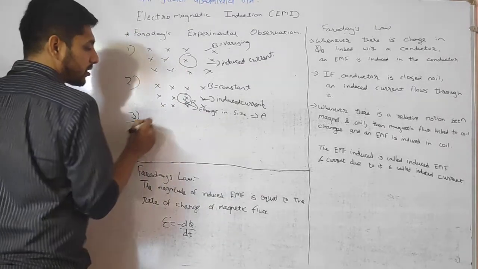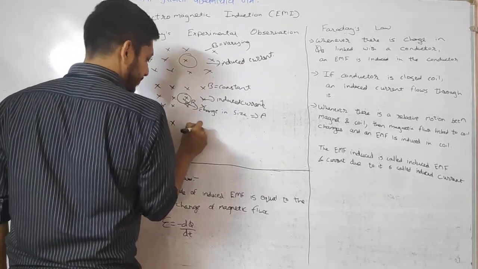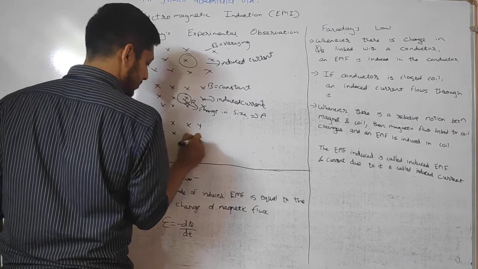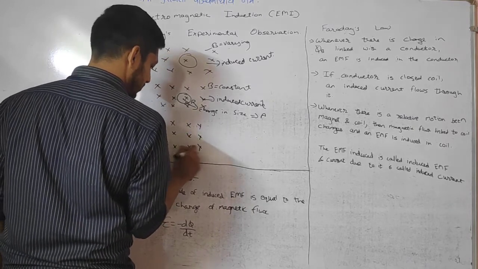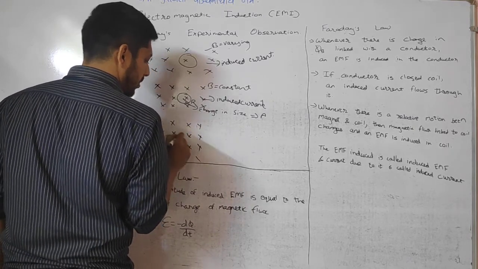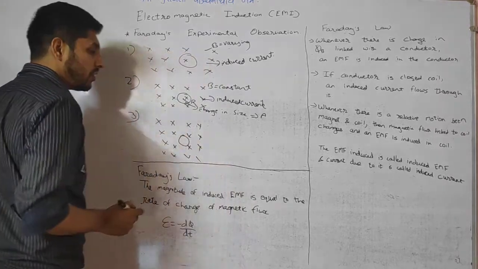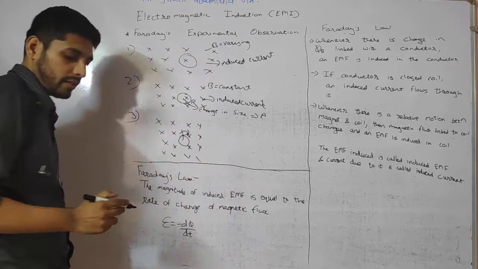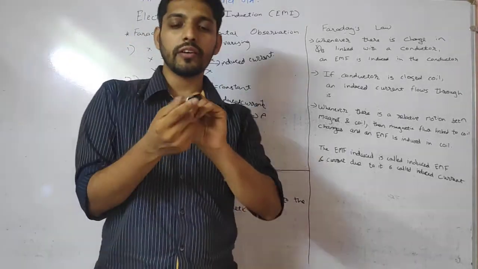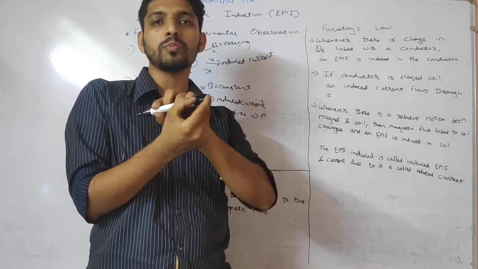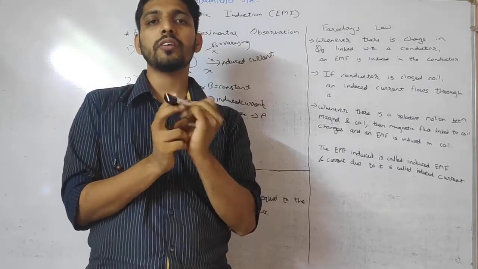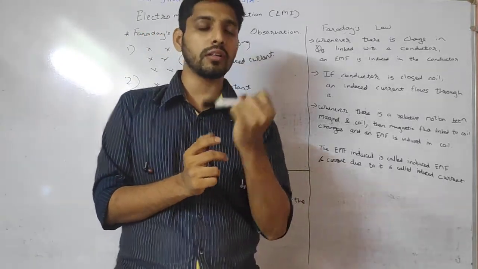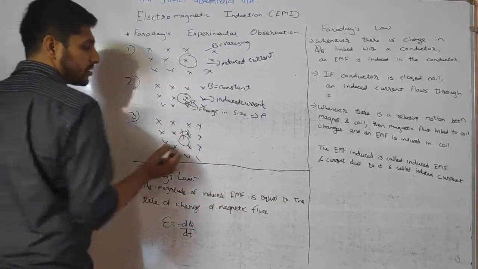In the third observation, he was having the conductor and he tried to rotate it. Suppose this was the conductor, he tried to rotate it in this manner and in this manner, he tried to rotate the current-carrying coil.